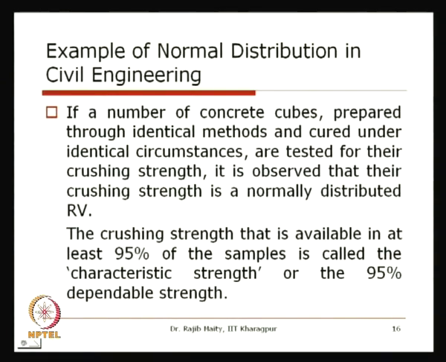How can we say that it is exceeded in 95% of cases? It is generally found to follow a normal distribution with its mean, and we consider the strength that should be exceeded in 95% of cases to designate that particular strength as the characteristic strength of that concrete. So this is how we define the characteristic strength of the concrete cube.